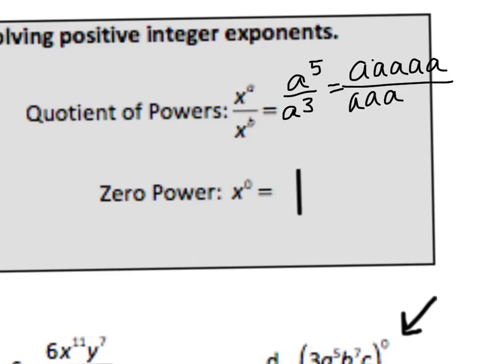So I can simplify: a over a is 1, a over a is 1, a over a is 1. The only thing I have left is a to the 2nd, or 2 a's. So when you're having division with exponents, you're going to subtract those exponents.